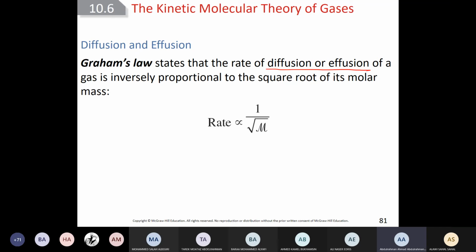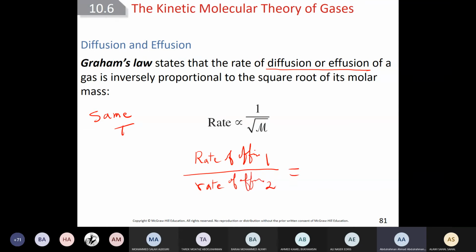If we are at the same T, then the rate is proportional to 1 over m, or rate of effusion of 1 divided by rate of effusion of 2 equal to what? Square root of M2 over M1.